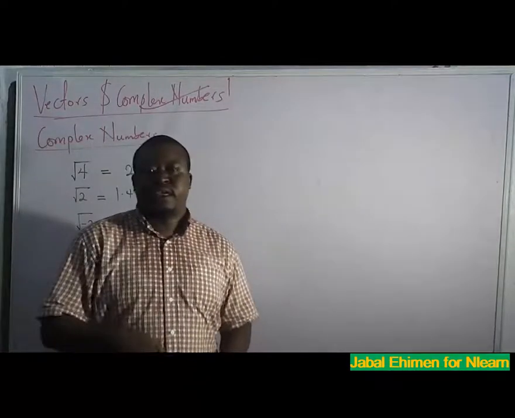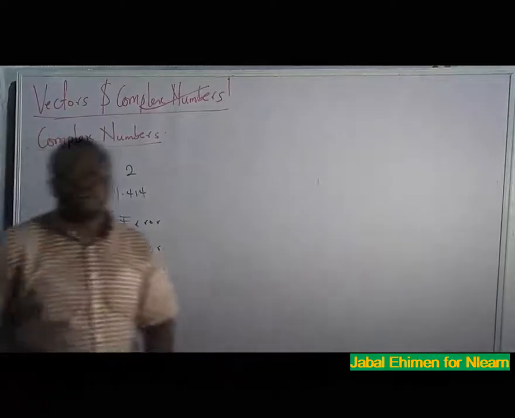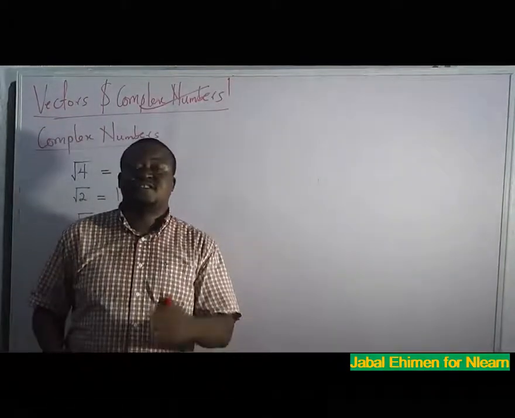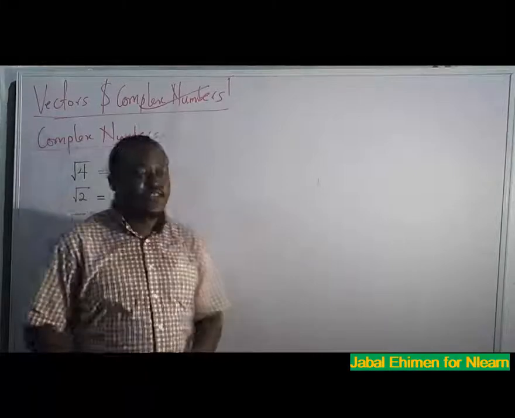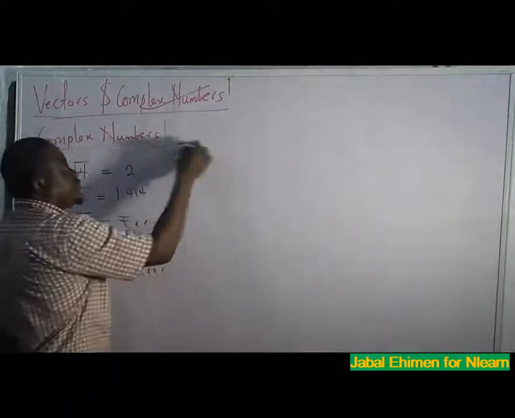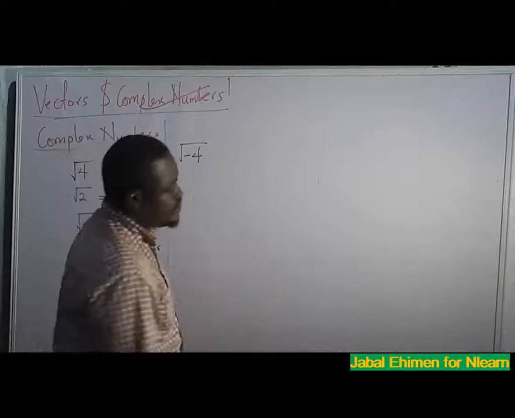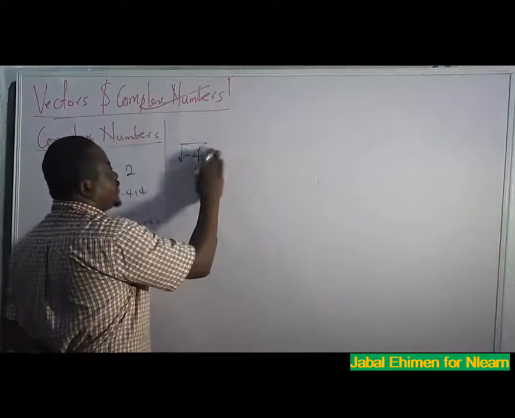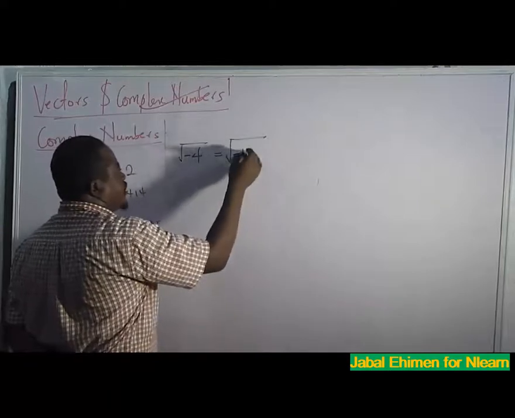But today, I'll tell you in this class that this value, which your calculating system calls syntax error, you can manipulate. Now, if I have -4, for example, I can tell myself this value here can also be root of -1 times 4.